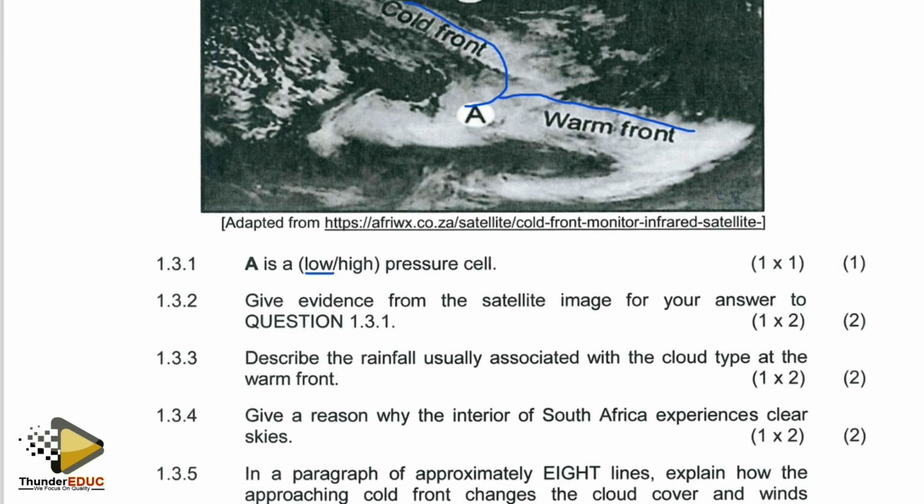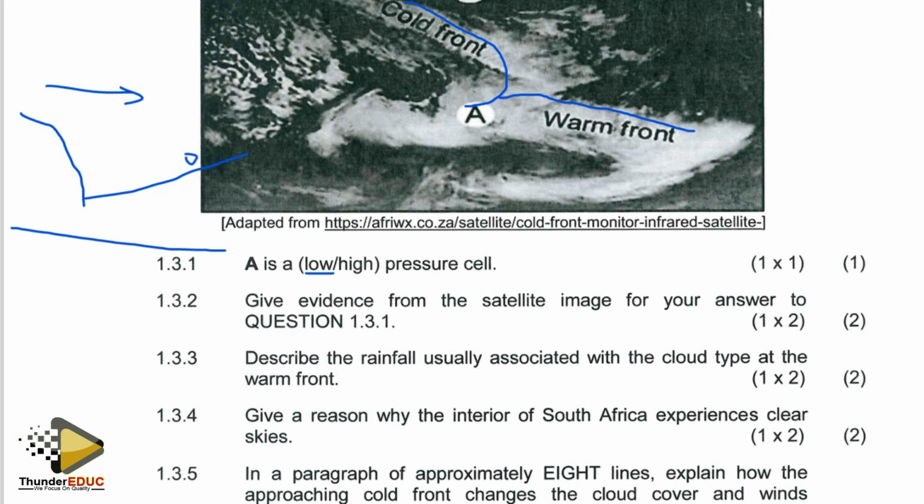Maybe if we illustrate this drawing using a cross-sectional view, we have the cold front on this part, and on this part we have the warm front going in that direction. And we are saying our weather system is moving in that direction.